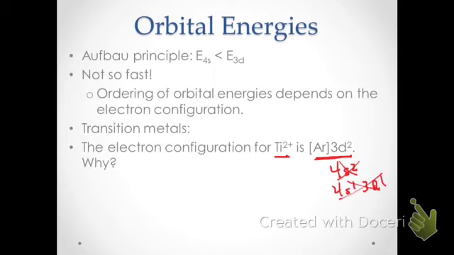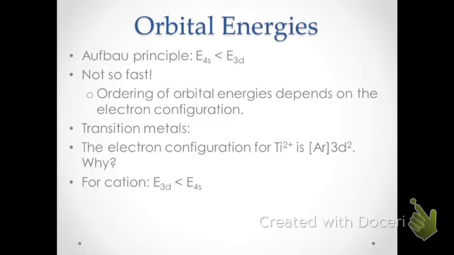That's what we're saying. We don't want to just say that the ordering of orbitals is the same in all of these species. We just look at the overall electron configuration, and that's what helps us to determine what the energy is, and again, the ordering of orbital energies is dependent on the specifics of the electron configuration.